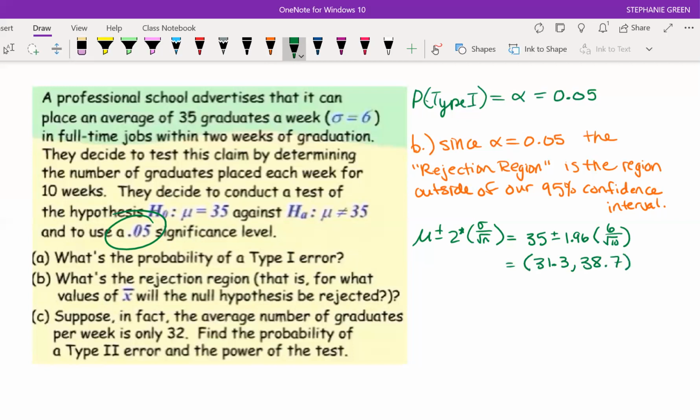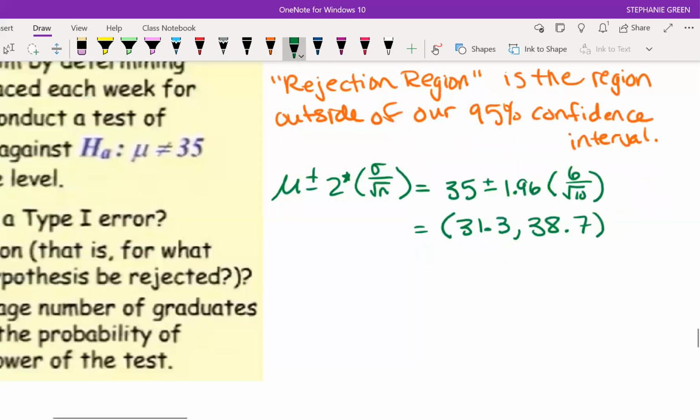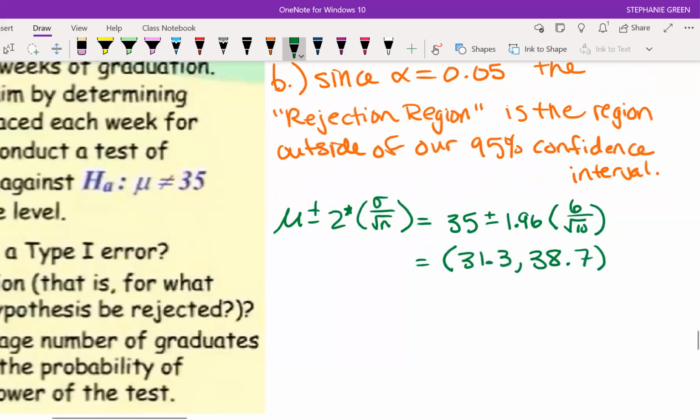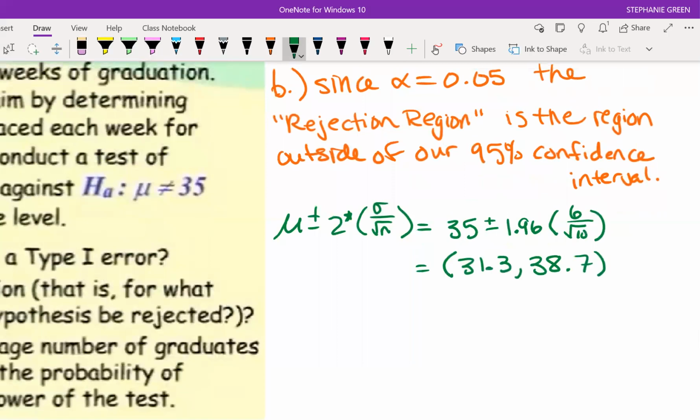So if our X bar is within this interval, we would not reject our null. The area where we would reject our null would be outside this. So it would be X bar less than 31.3 or X bar greater than our upper bound, 38.7. This is our rejection region.